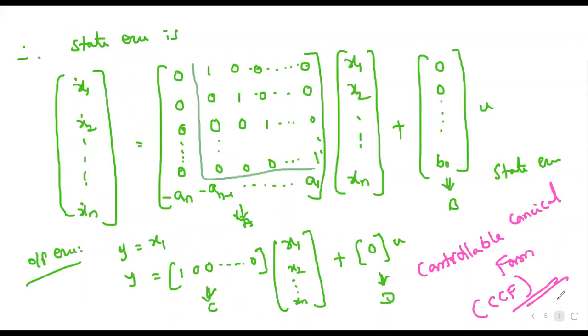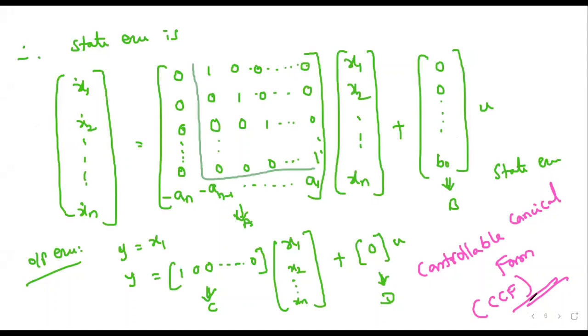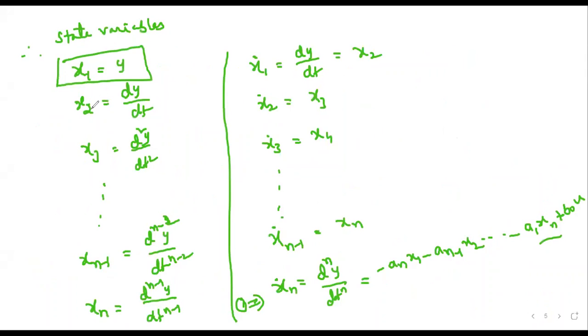Therefore, it is coming from the x1 node directly. This is the x1 node. Okay, understood now? Now, next is x2.